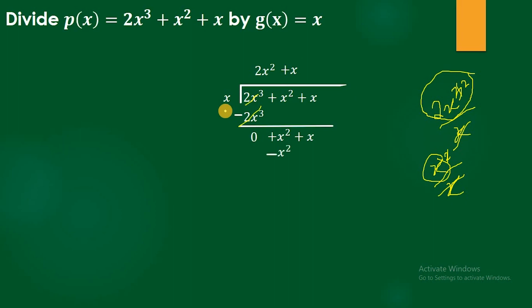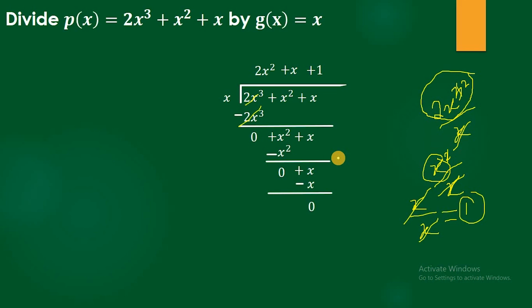When you subtract it, again like terms with different signs will get cancelled, and we'll copy down what is left, which is plus x. So here the first term is x. You divide x by the divisor, first term x, and you can cancel these two, which equals 1. So we'll write this in the quotient, plus 1. So x into 1 is x. When you subtract it, again you'll get 0.